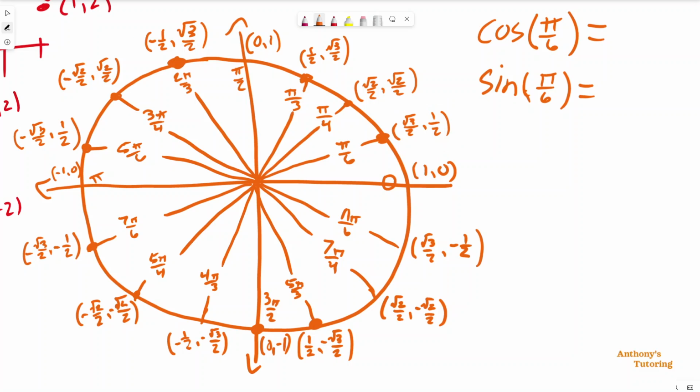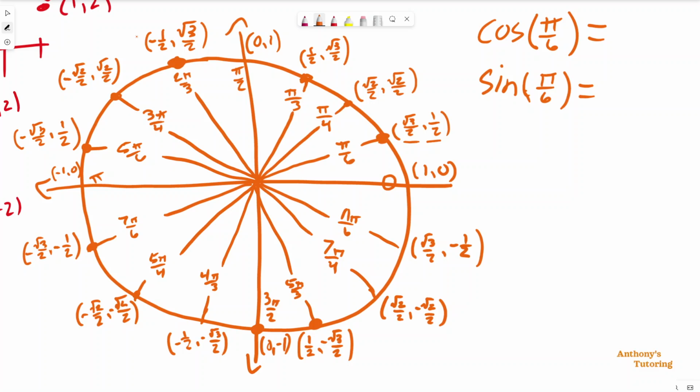It's going to be one of those two numbers as the answer. So I just remember it like this. Since cosine starts with a C and sine starts with an S, C comes before S in the alphabet. So I know that the first number in the coordinate is the cosine.